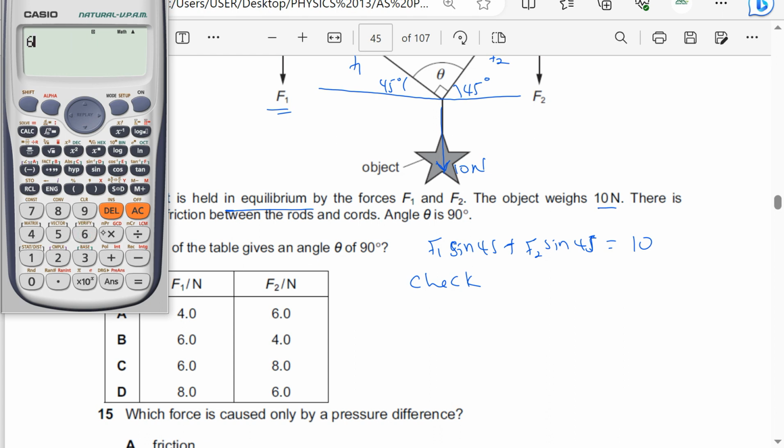So 6 sine of 45 plus 8 sine of 45. If this gives us 10, then that row is going to be correct. So this is giving us 9.89, which is approximately 10.